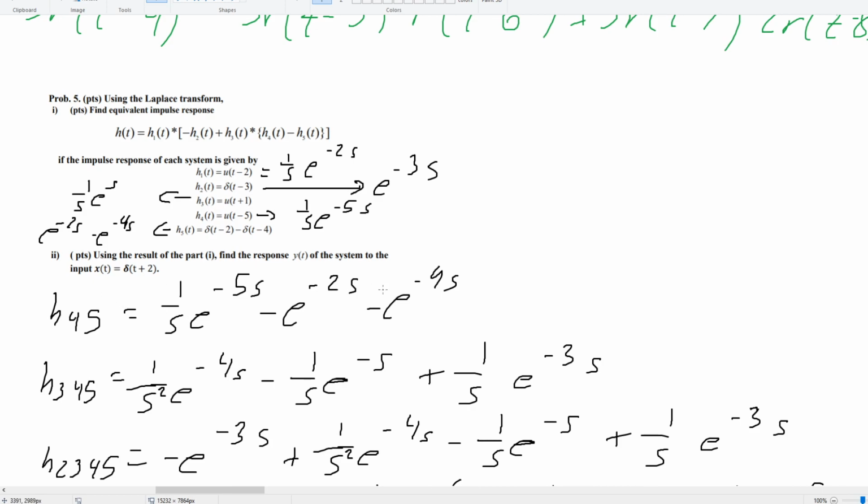This x of t we're going to change to x of s, so delta t plus 2 is going to turn into e to the negative 2s. Or no, is it going to be positive? I think it's going to be positive. Yeah, it's going to be positive 2s. Right? Okay, so we have that.